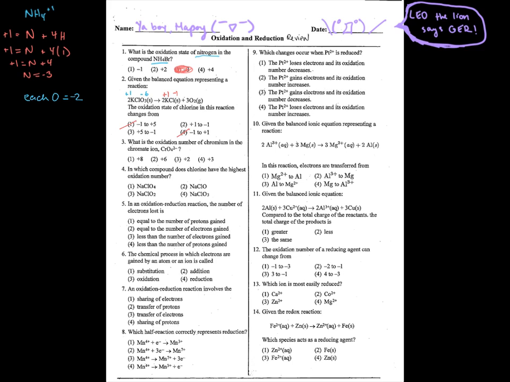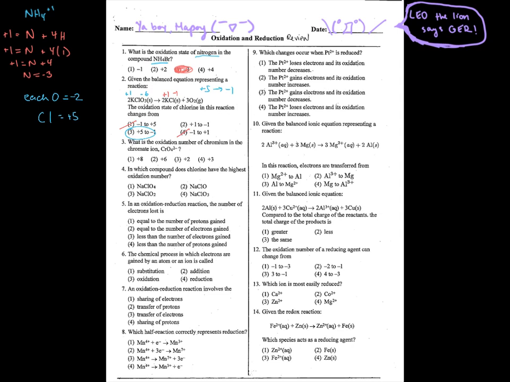Now, to balance it out, Cl has to somehow make things equal out to 0. So +1 and -6 make -5. To balance that out, Cl has to be +5, which means it goes from a +5 all the way to -1.